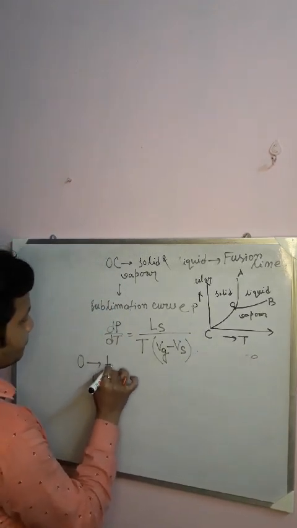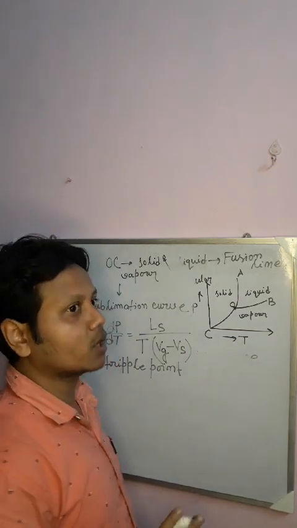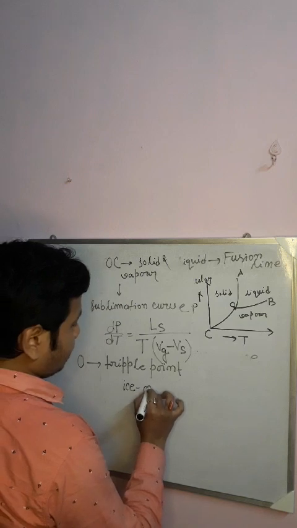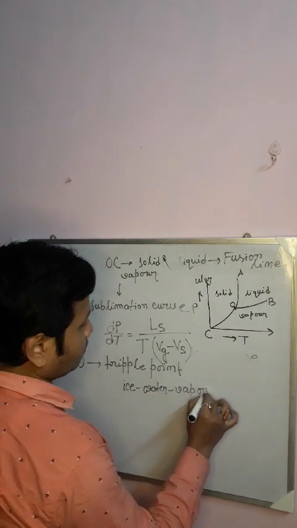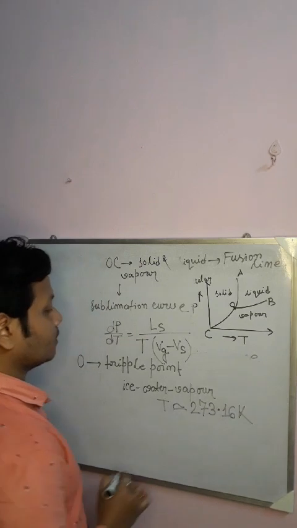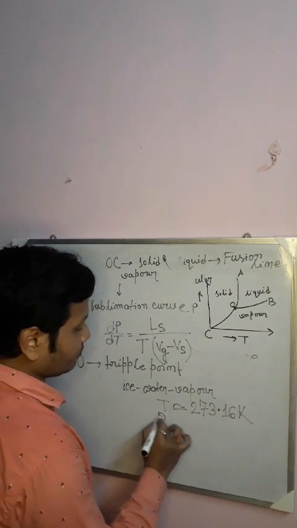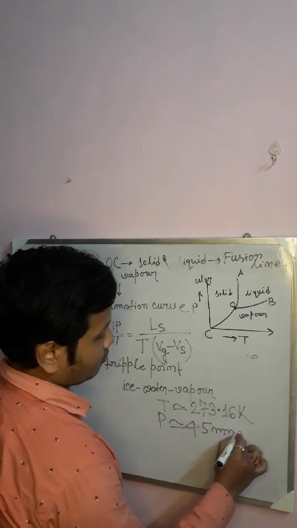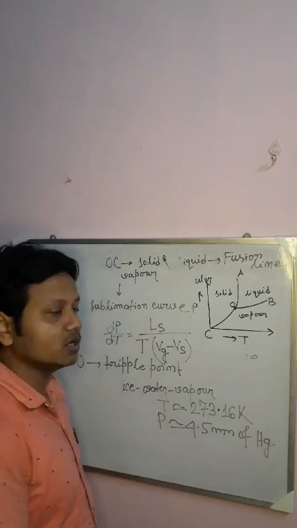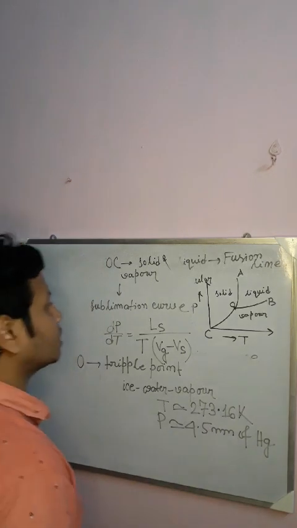If we take the common example of ice, water and vapor, then the equilibrium temperature is 273.16 Kelvin and the equilibrium pressure is 4.5 millimeter of mercury. So remember it.